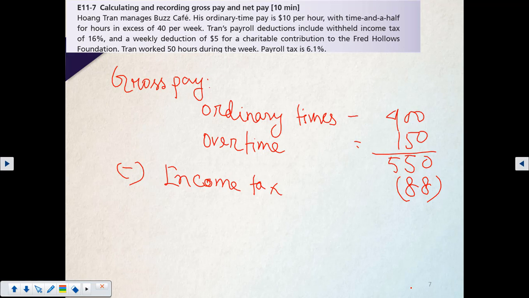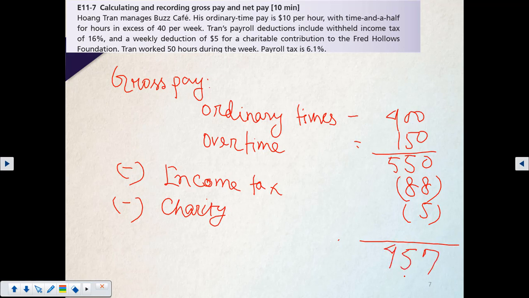And from the salary, he contributes $5 to the charitable foundation or somewhere. So I write charity $5. What is the net payment? It's going to be $457. So this is the net payment.